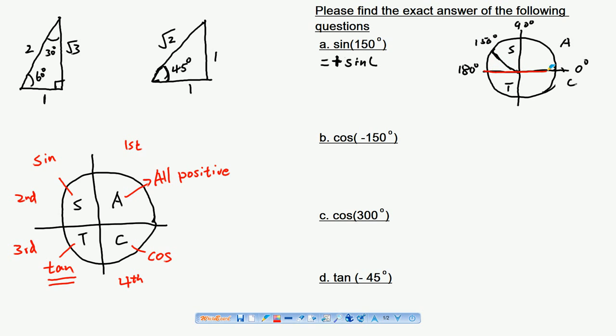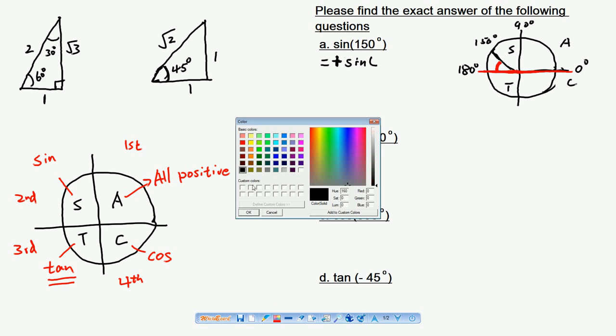When we solve a problem like this, we always find the angle between our input angle and the horizontal line, which is the difference between 150 and 180, and the difference is 30 degrees.